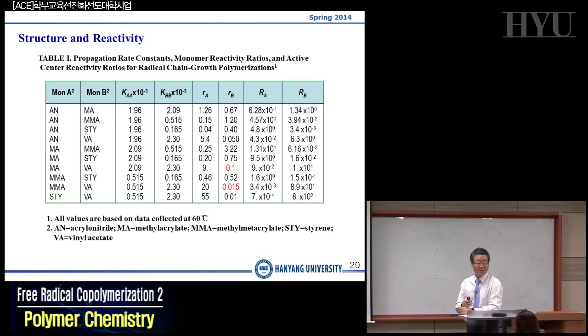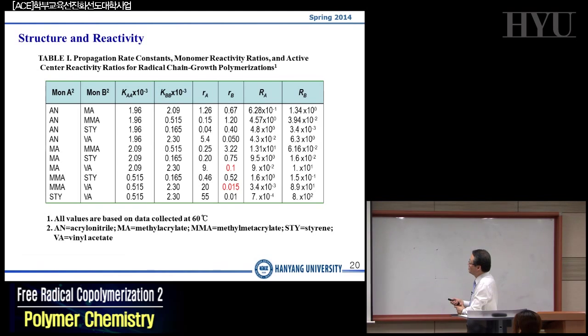But there are some trends. If you take a look at these four lines for AN monomers, if you have a larger small RA and a smaller small RB, large RA is always smaller than large RB.